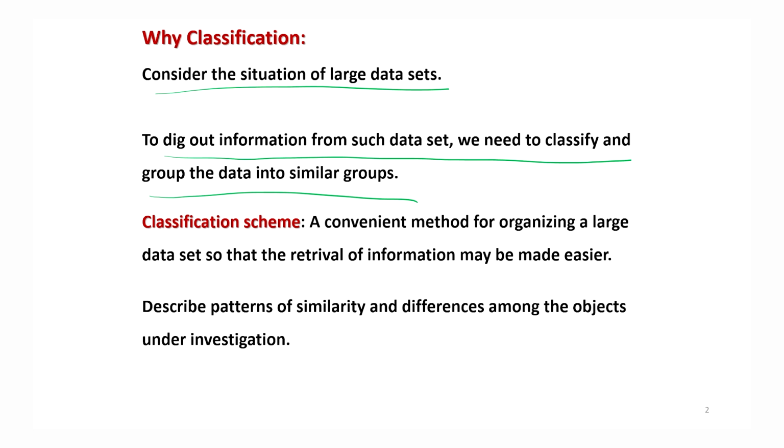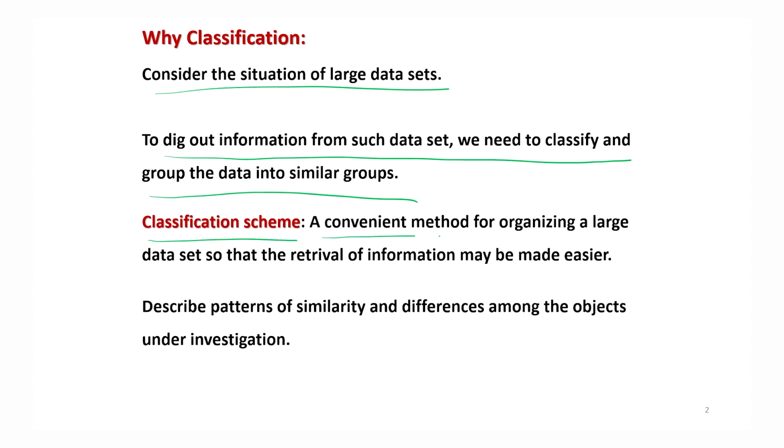Now you have got a population where you don't know how many students are there from class 1, class 2 and class 10. So, you would like to divide the entire population, for example, with respect to the age of the students, into similar groups. Similar group means that all the students in that group should have similar ages, more or less, which are very close to each other. So, for that we need a classification scheme.